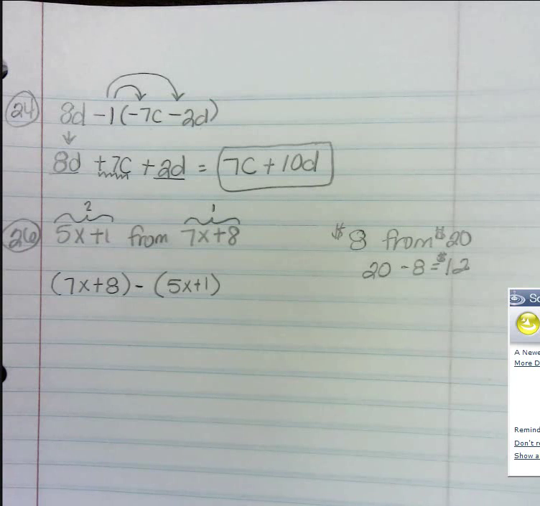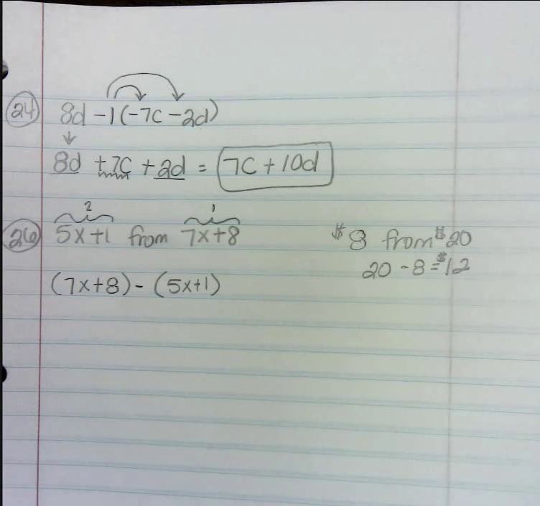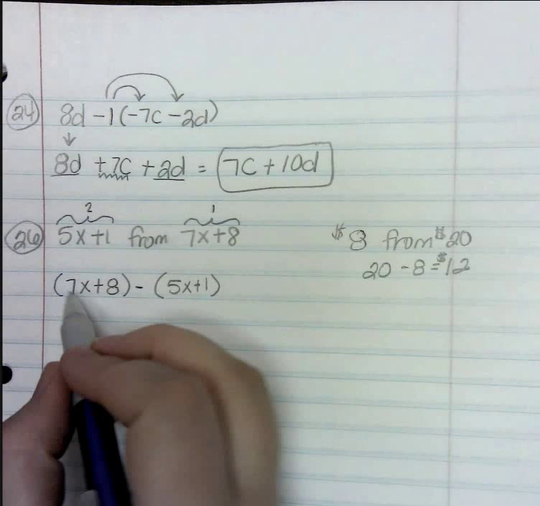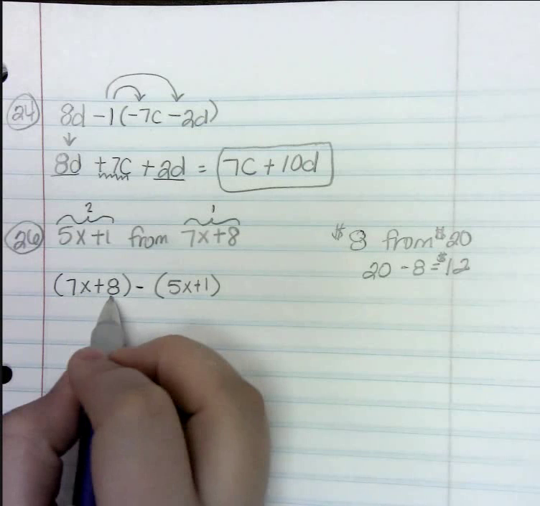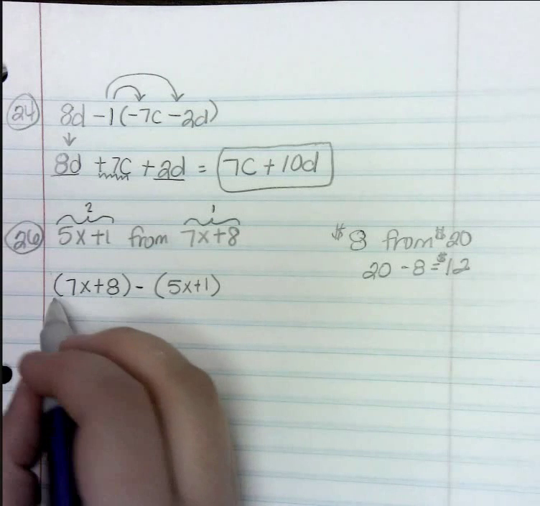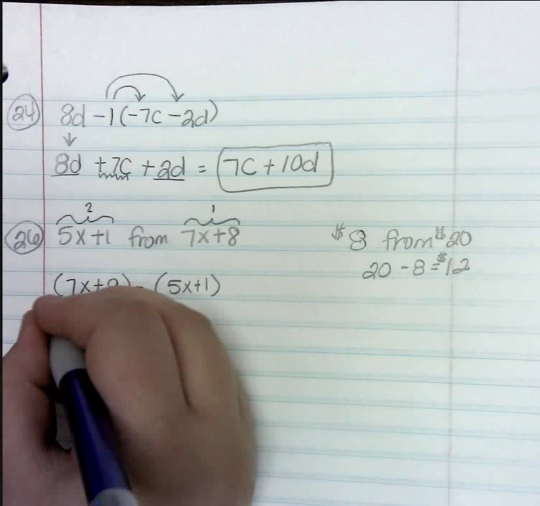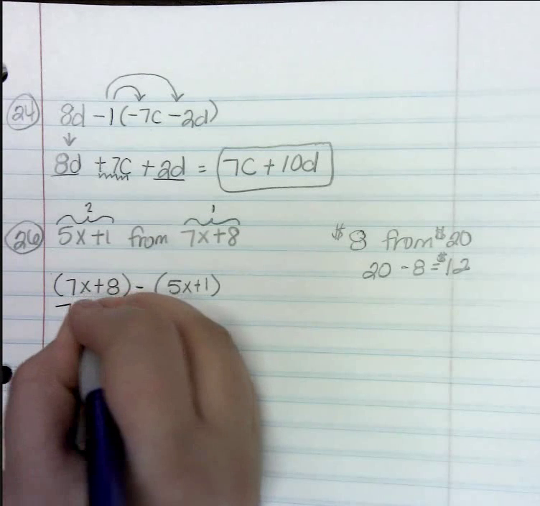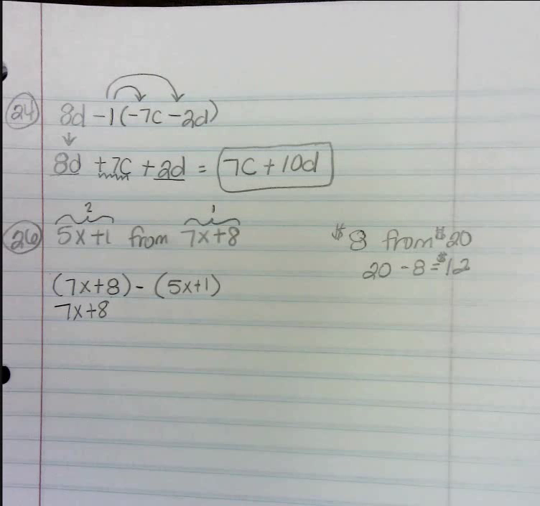So now, can I combine these terms? No. And is there anything multiplying in front other than that positive 1? No. So we can go ahead and release the 7x plus 8 from the parentheses.